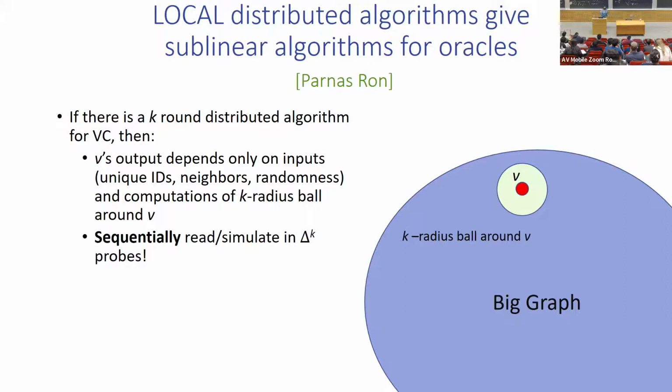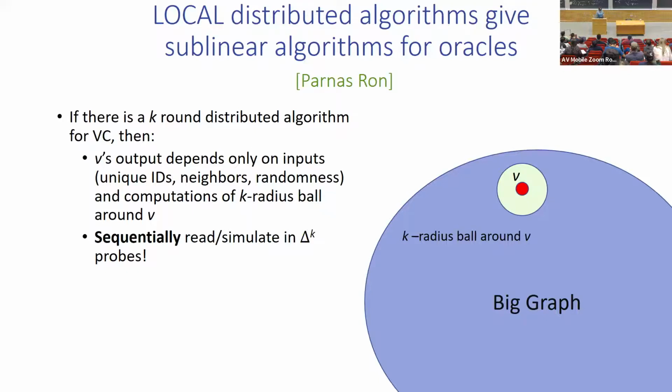It can simulate the distributed algorithm, figure out what everybody would have done in round 1, what everything in the k minus 1 ball would have done in round 2, what everything in the k minus 2 ball would have done in round 3, and so on until the kth round. Well, all I have to do is figure out what would be output at this point. Okay, that's all it is. So I just need to simulate all the computations only in this ball.